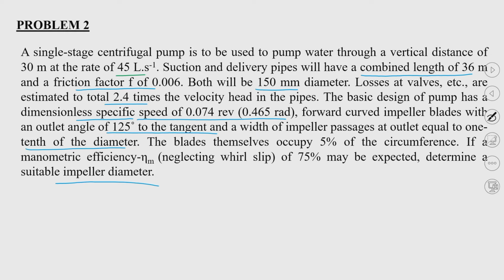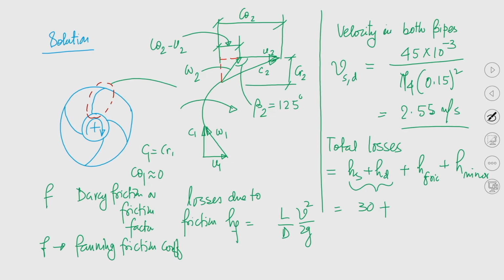Typically it is the fanning friction coefficient. That is why I would prefer to give F prime for this particular problem to denote the Darcy friction factor, and F is the fanning friction coefficient. Now, here we will be considering F, not F prime. So, that is equal to 4F L by D, V square by 2G, right.